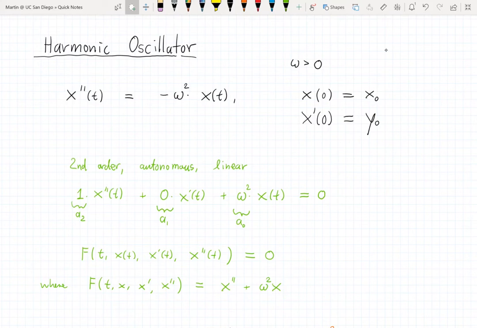The coefficient a1 of the first derivative is just 0, and the coefficient a0 of the function itself is omega squared, of course. Using our abstract definition of ordinary differential equation, we can write this equation also as f of t, x of t, x prime of t, and x prime prime of t equals 0, where f is the following function, namely f takes t, x, x prime, and x prime prime, and equals x prime prime plus omega squared x.